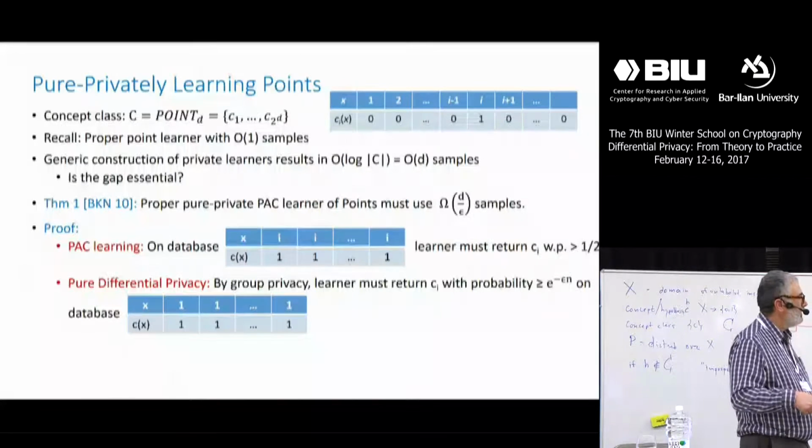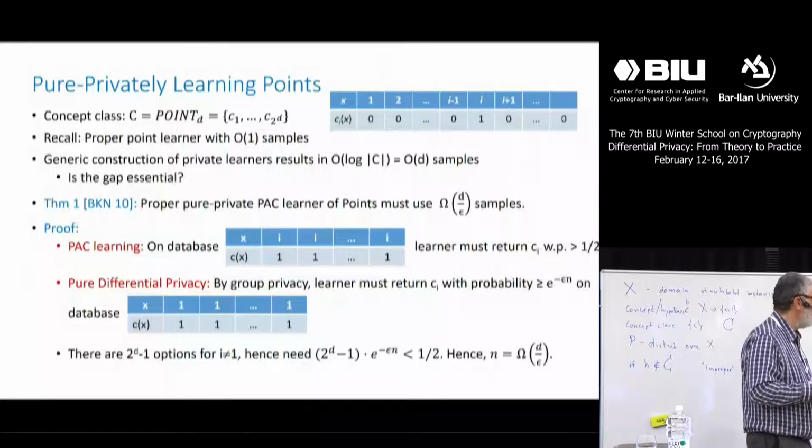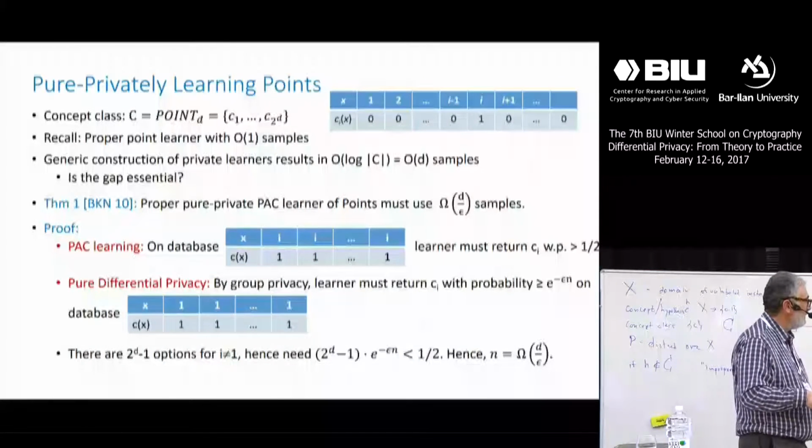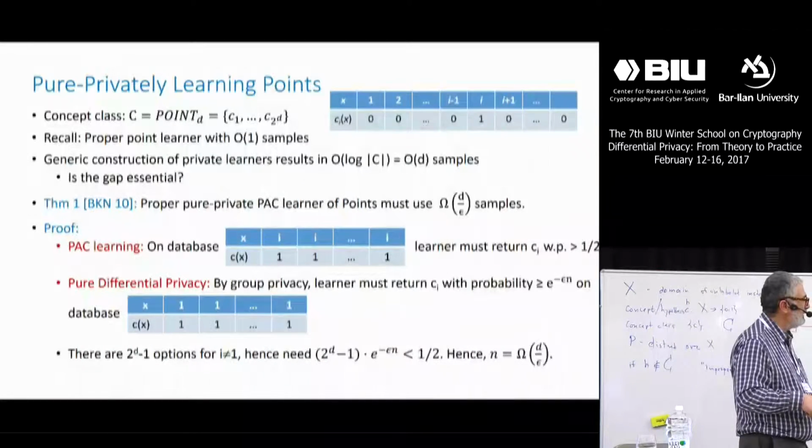So if this is our input, there are 2 to the d minus 1 bad outputs, and each of them has to appear when we feed the learner with this input with at least this probability. Maybe I'm missing a 1/2 here, like this thing times 1/2.